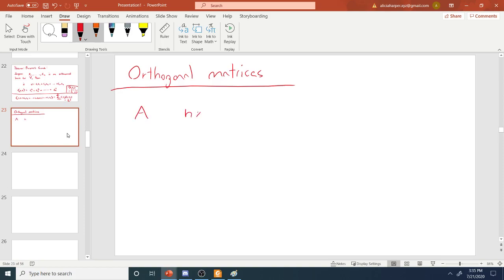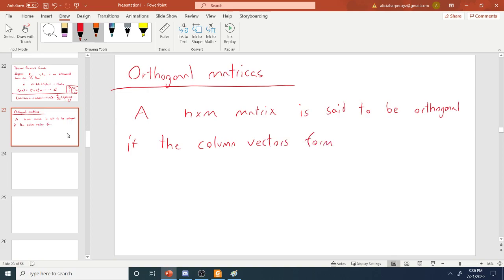So an n by m matrix is said to be orthogonal if the column vectors form an orthonormal basis.